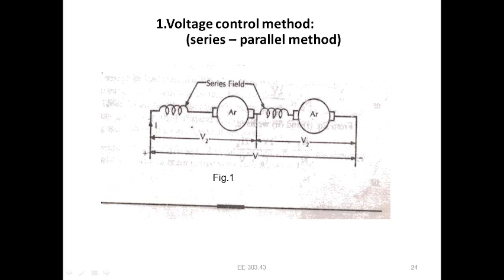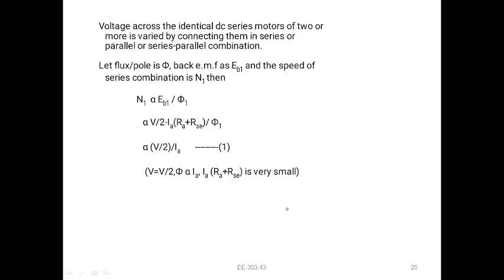The series field is connected to the other motor. We vary the voltage across two or more identical DC series motors by connecting them in series, parallel, or a series-parallel combination.